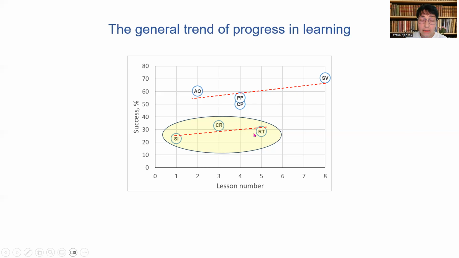The non-ideal organization of project learning and the unaccounted feature of the students' learning style inhibited the mastery of some design elements, namely critique and revision, CR, and RT, reflection and thoughtfulness.